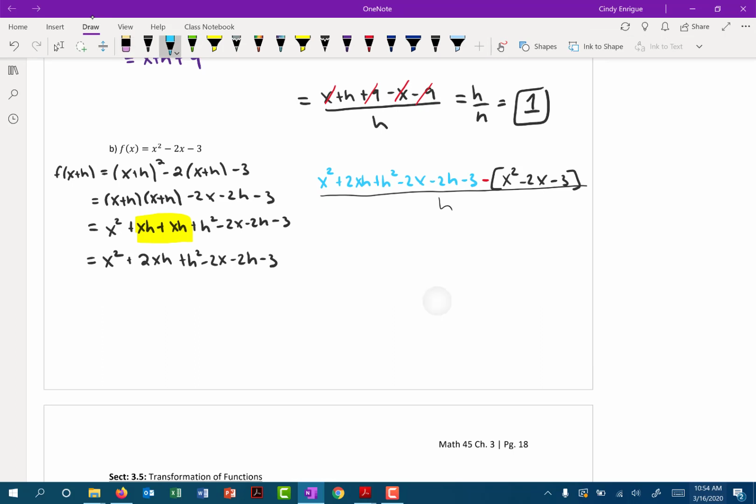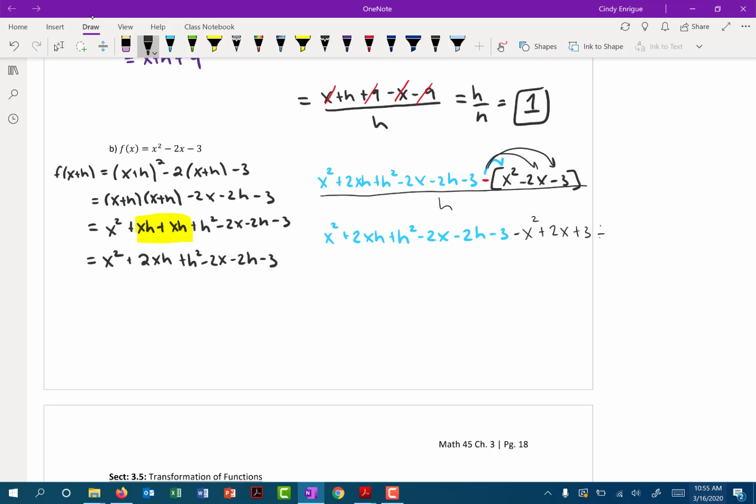So I have x squared plus 2xh plus h squared minus 2x minus 2h minus 3. And because I'm going to distribute that negative on the inside, I'm going to have a negative x squared, a positive 2x, and a positive 3.